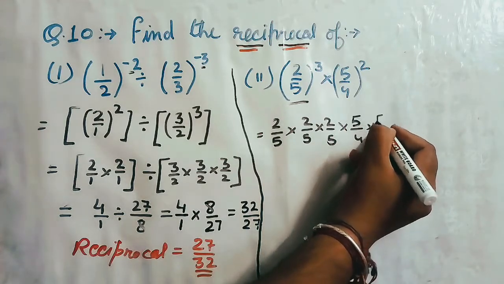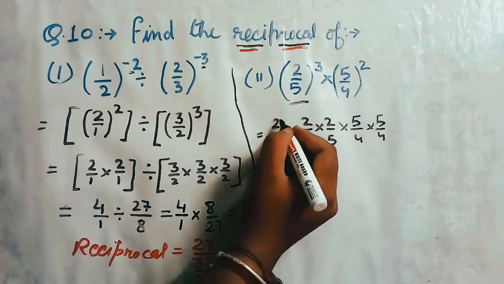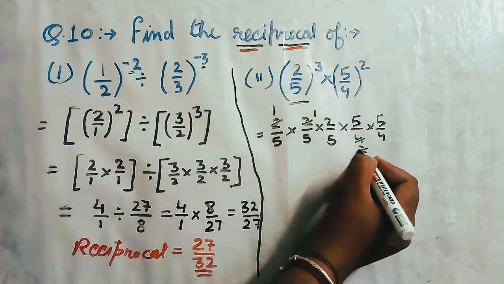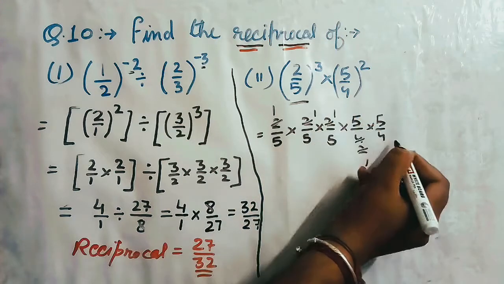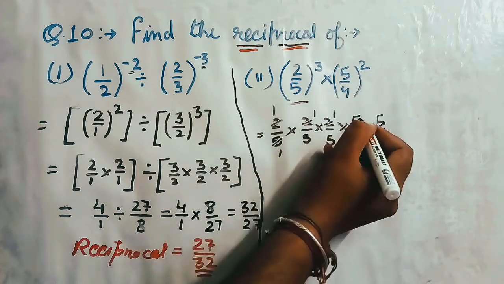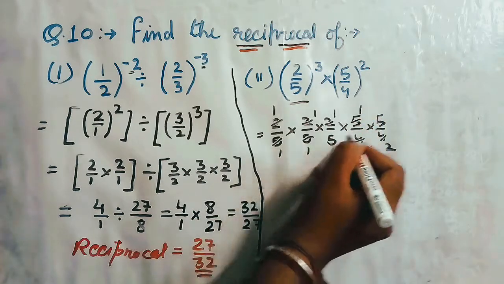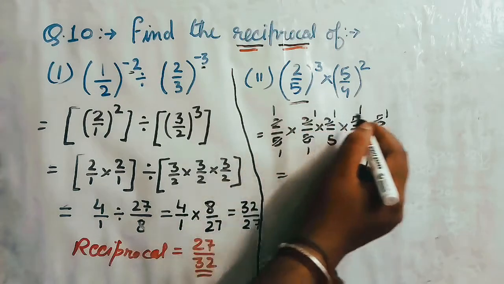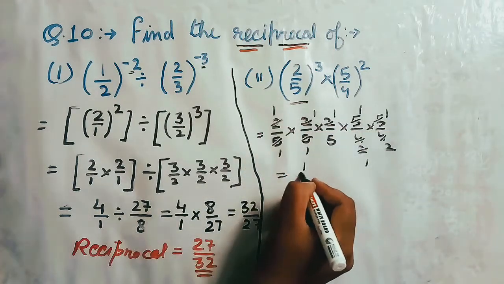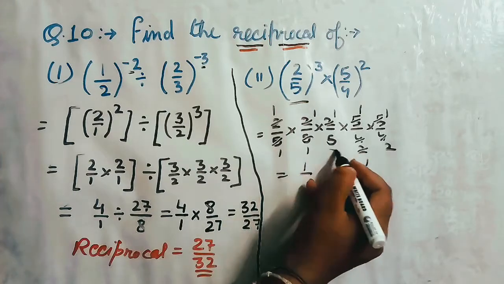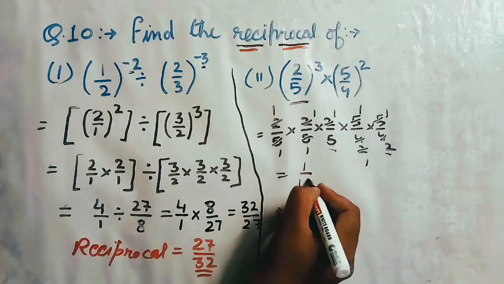And 5 upon 4 raised to power 2 means 5 upon 4 into 5 upon 4. So divide by 2. 2 1s are 2, 2 2s are 4 and 2 1s are 2, 2 1s are 2 and 2 2s are 4. 5 1s are 5, 5 1s are 5. Now simplify it. In numerator there is 1 only and in denominator there will be 5 2s are 10.